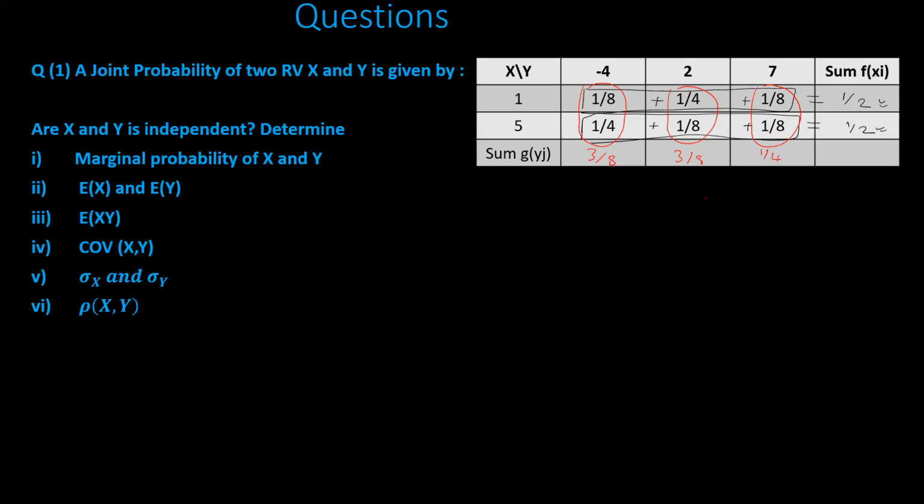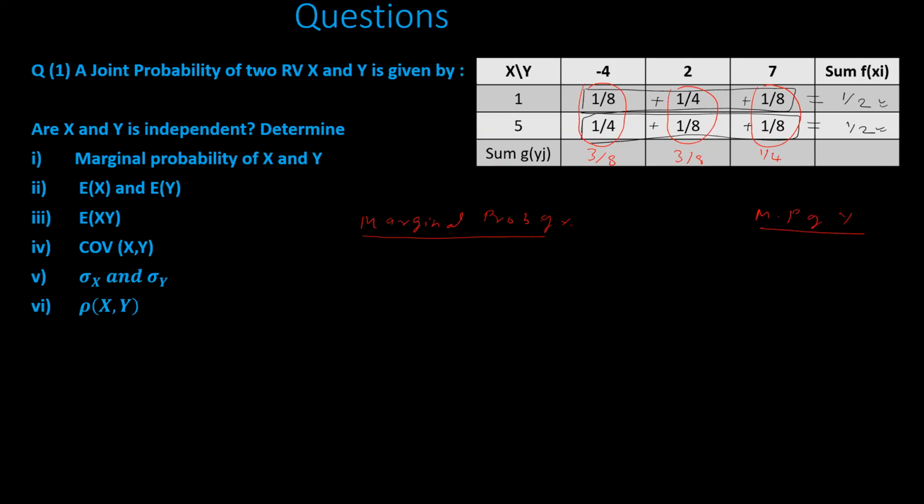Now, once you have done this sum, next you can write the marginal probability. So now I am writing the marginal probabilities. How do we write the marginal probability? I will write the marginal probability of x, and the marginal probability of y also.